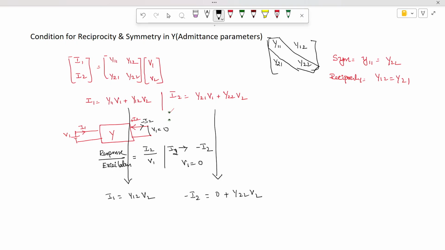So from this expression, we require the ratio of I2 by v1. So we need to find out I2 by v1, which we want to express.